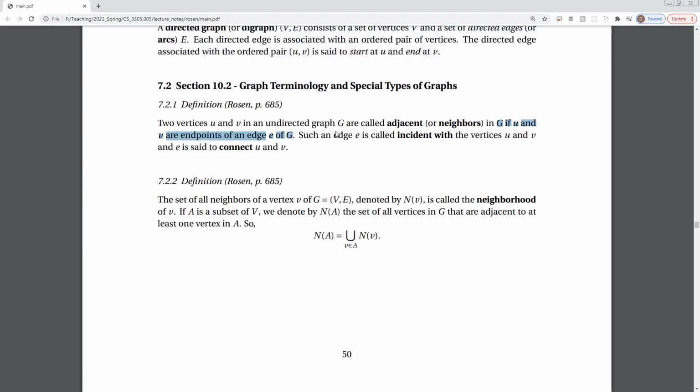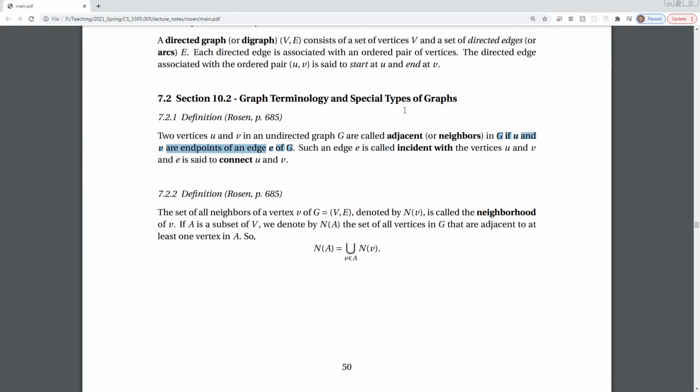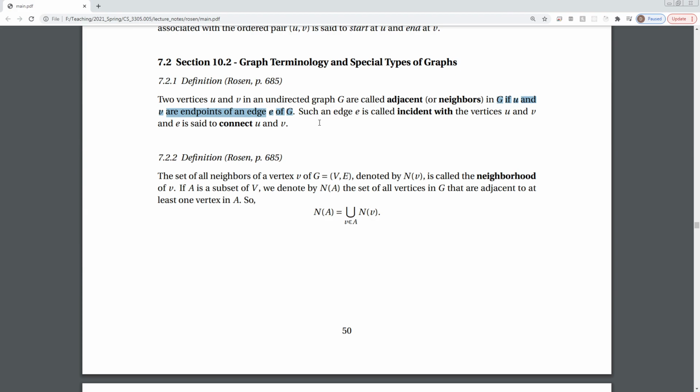It's just a pair, not an ordered pair. So long as there is an edge that connects them directly, then they're adjacent. Such an edge, E, is said to be incident with the vertices U and V, and E is said to connect U and V. So we'll have adjacency matrices, and then we'll have incidence matrices.